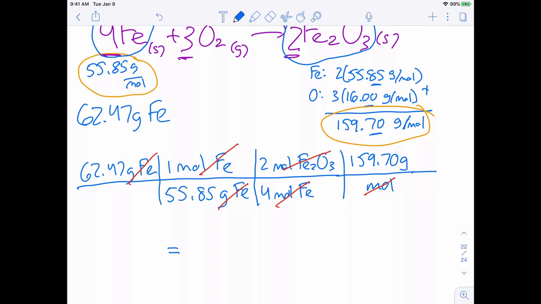Remember, everything on the top gets multiplied, and then it gets divided by everything on the bottom. With multiplication and division, it doesn't matter what order you do it in. And I got 89.31 grams.